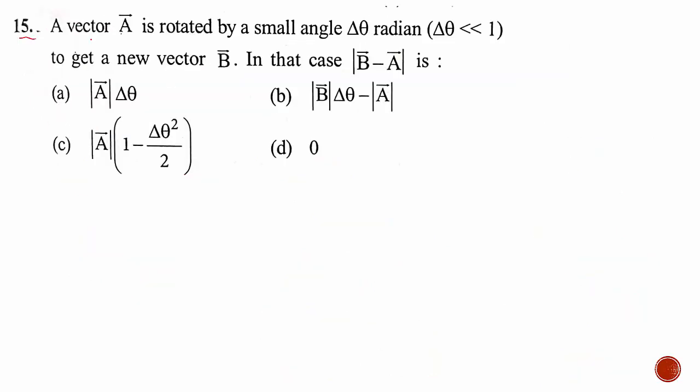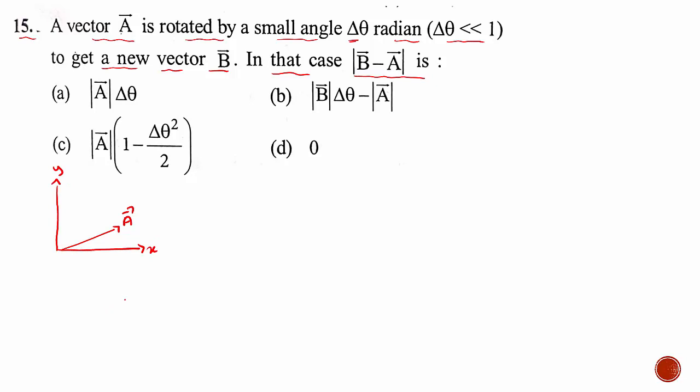15th question. A vector A is rotated by a small angle delta theta radian. The delta theta value is very small, less than 1. To get a new vector, vector B, in that case, mod of B minus A is, yes, you can observe. So there is vector A, and I can consider this the x-axis and this the y-axis.